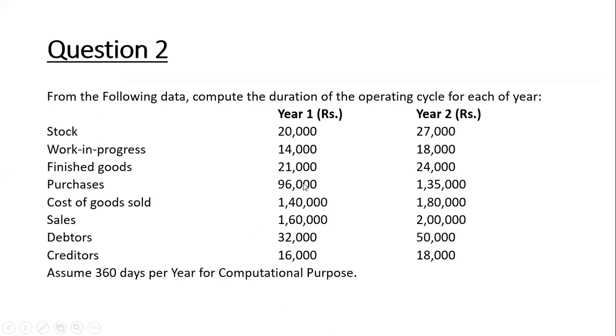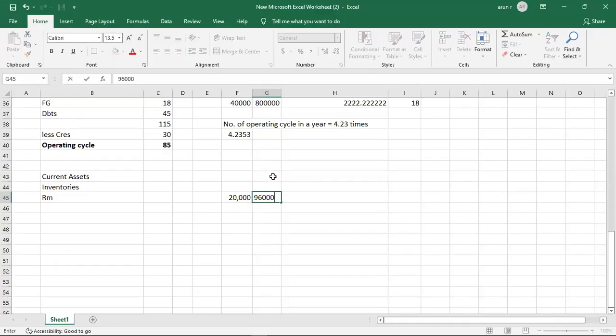Here they did not give cost of goods sold for this, so we take the purchase value, 96,000. Raw material equals 20,000 divided by purchases 96,000 into 360, equal to 75 days. This is in days.